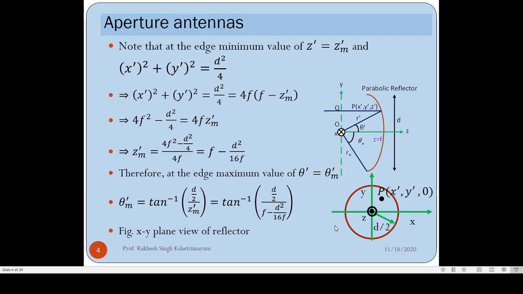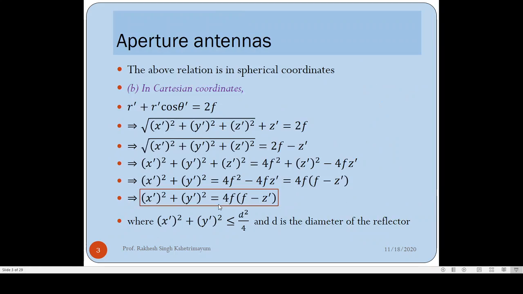For other cases which are inside this rim of this parabolic reflector, this relation will hold true. X dash square plus y dash square should be less than or equal to d square by 4. And at the rim of the parabolic reflector, this will be x dash square plus y dash square equal to d square by 4.